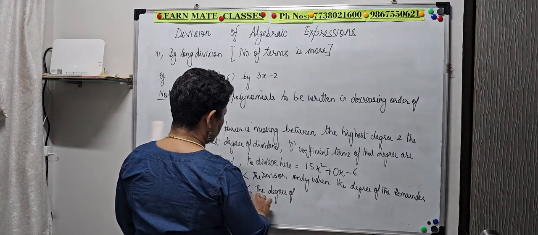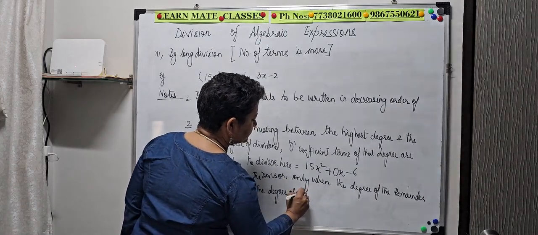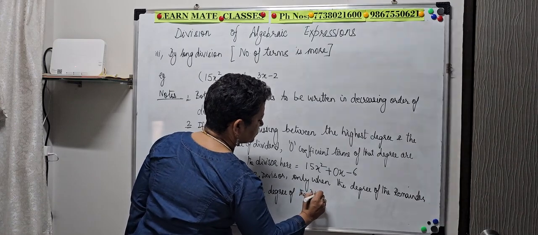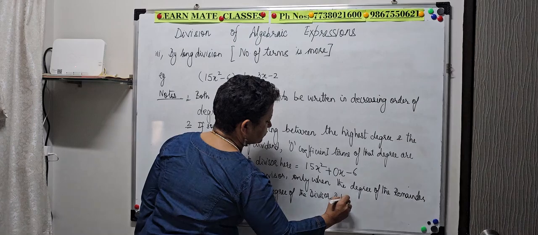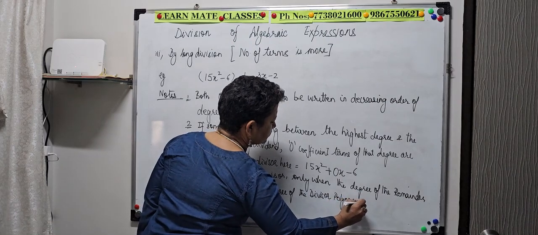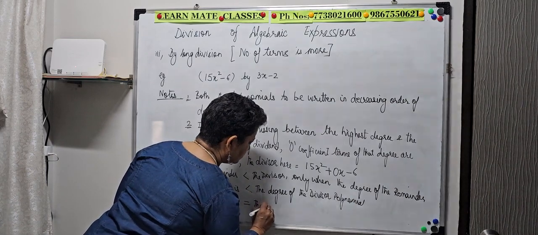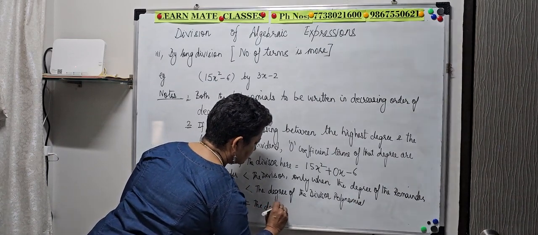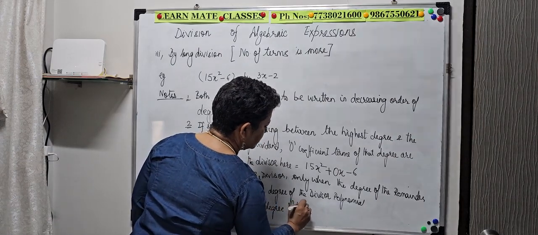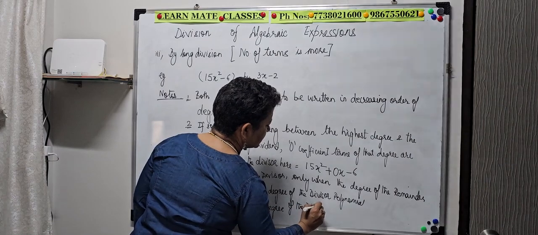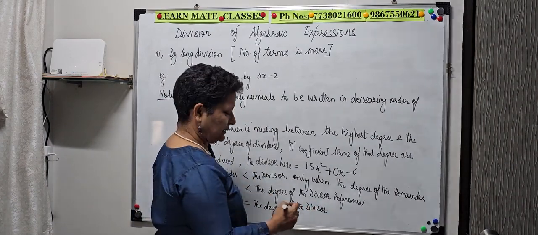Okay, I'll split this into two. Is less than the degree of the divisor polynomial or it is equal to the degree of the divisor, but numerical coefficient is less.